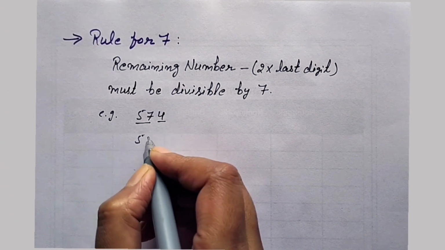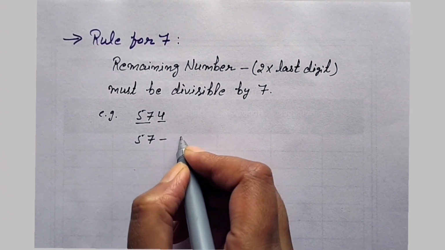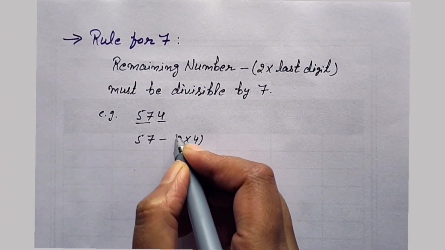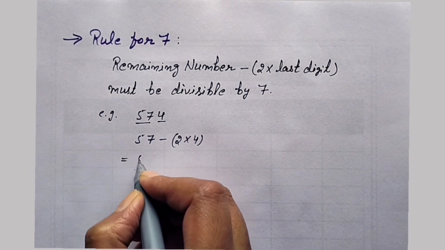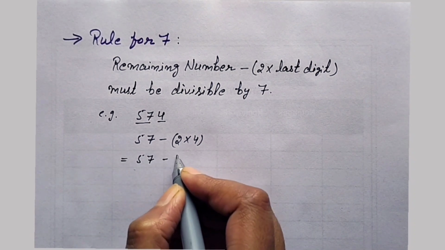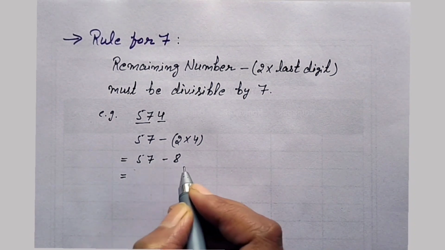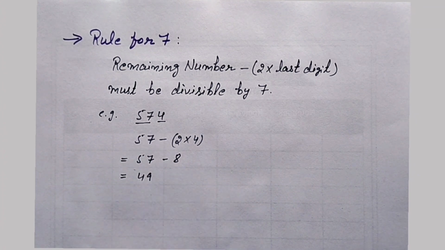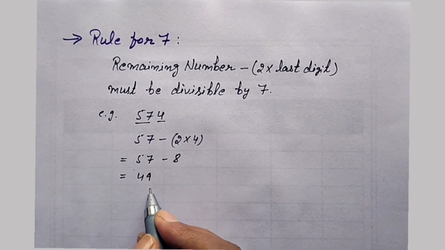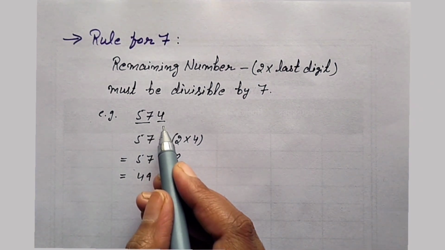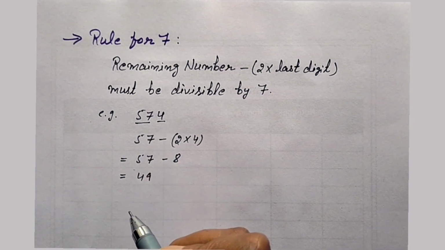So remaining number minus 2 times last digit is equal to 57 minus 8, and that gives us 49. So 49 is completely divisible by 7.